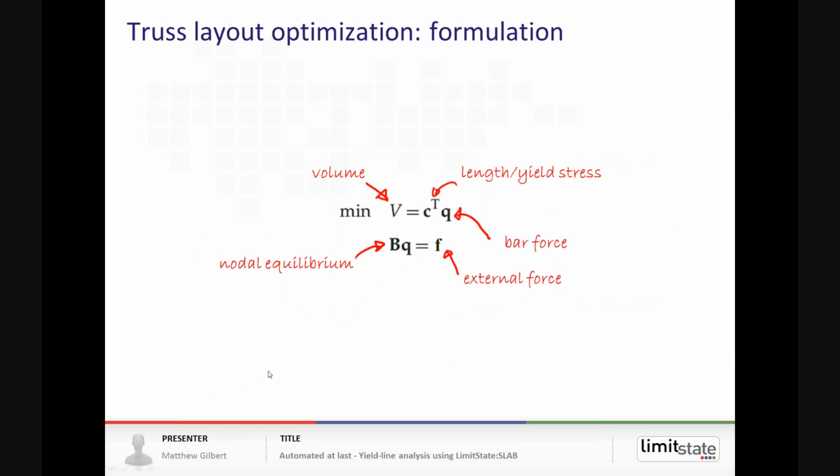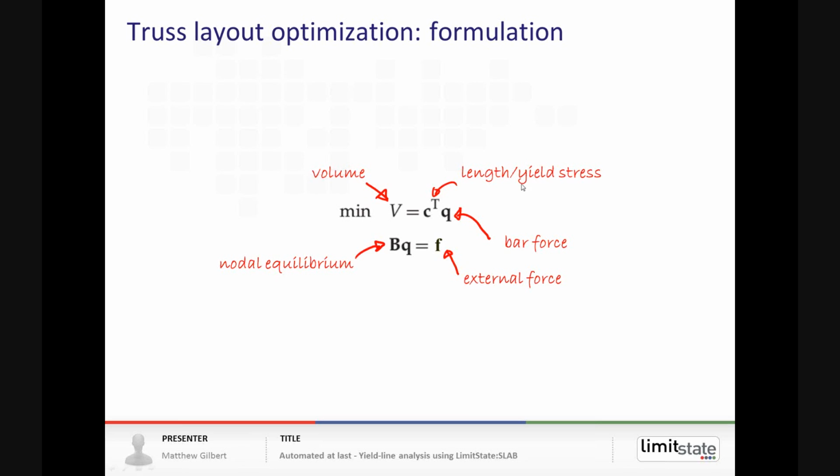So just a little bit about the actual mathematics behind it. Basically, the formula for the truss layout optimization is saying that we want to minimize the volume, and the volume is essentially the sum of the lengths times the areas of all of the elements that exist in that optimum structure.